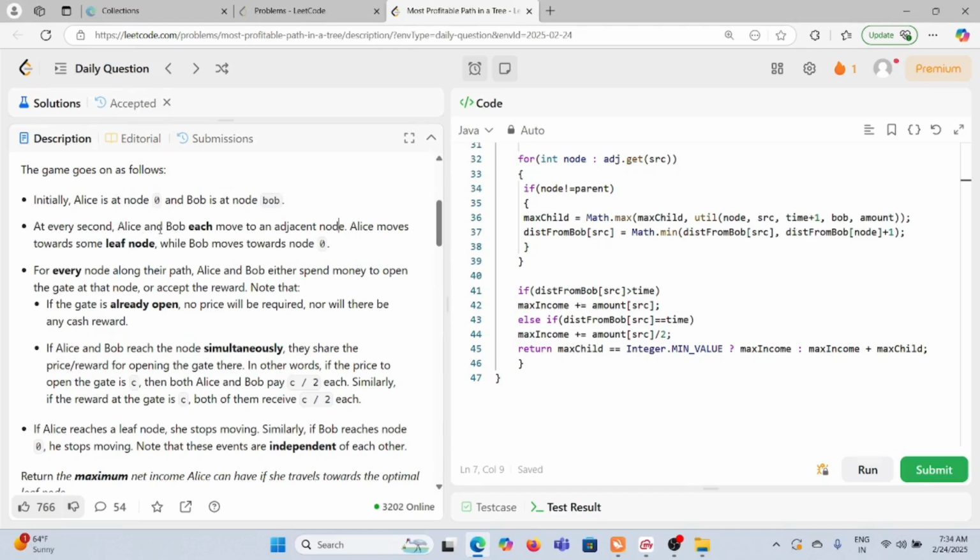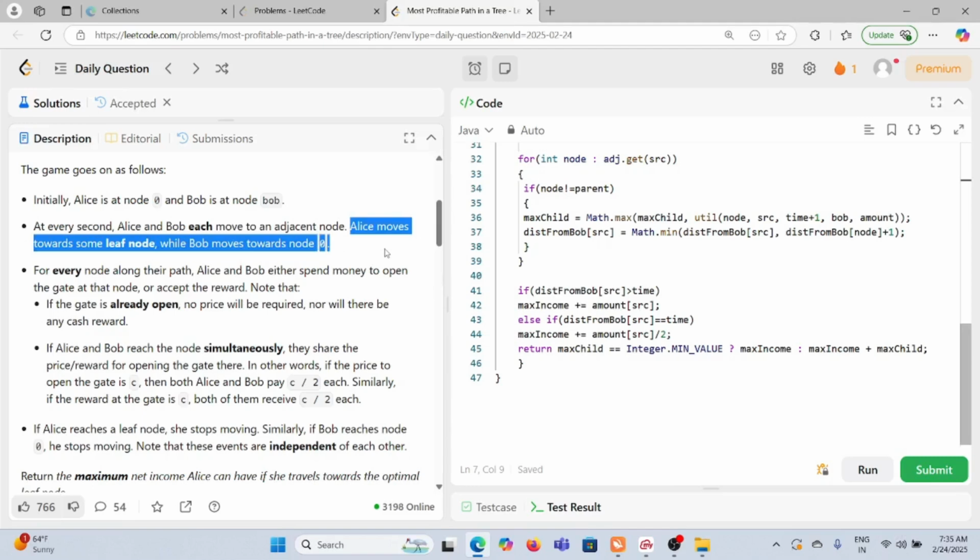At every second, Alice and Bob each move to an adjacent node. They can move to adjacent nodes only. They cannot jump more than one. They have only one choice to reach any adjacent node. As I told you, Alice moves towards a leaf node and Bob moves towards node 0, which we can call the root node as well.